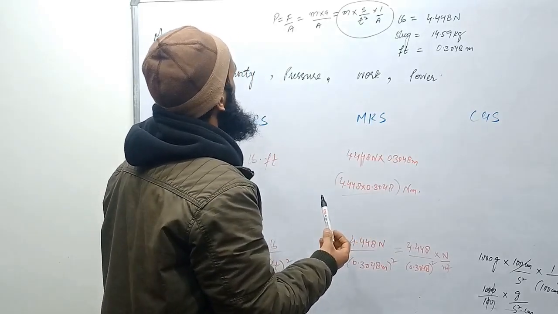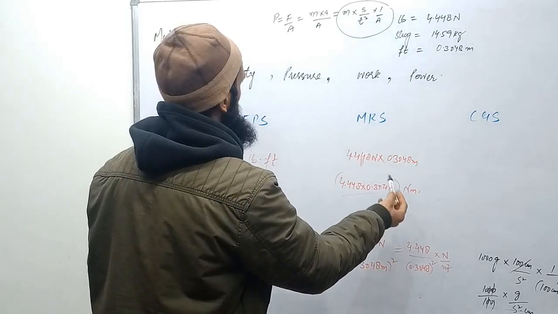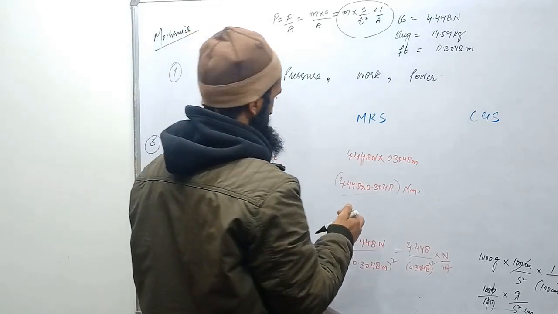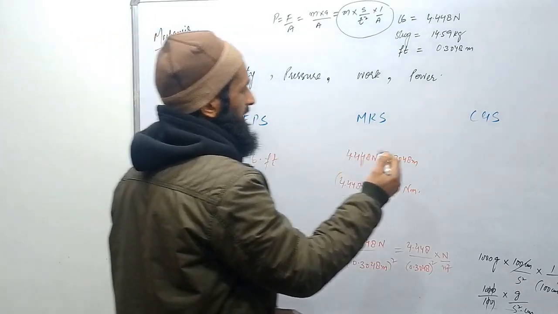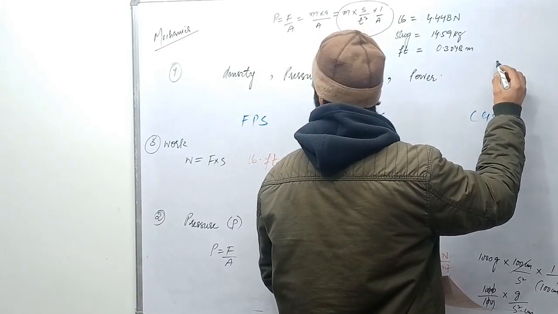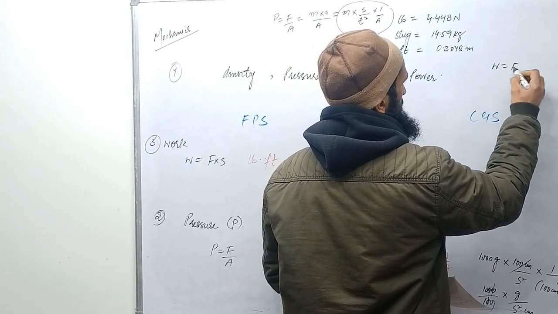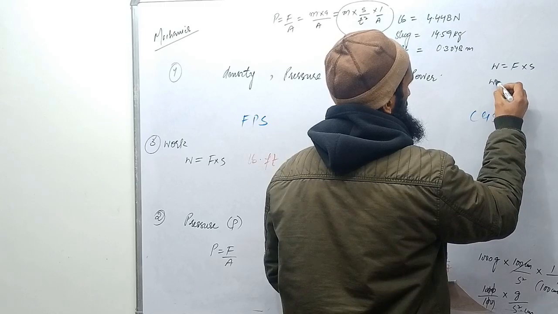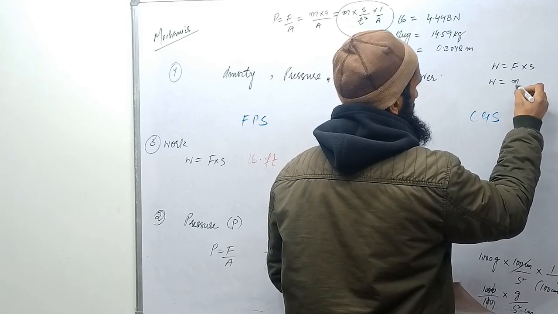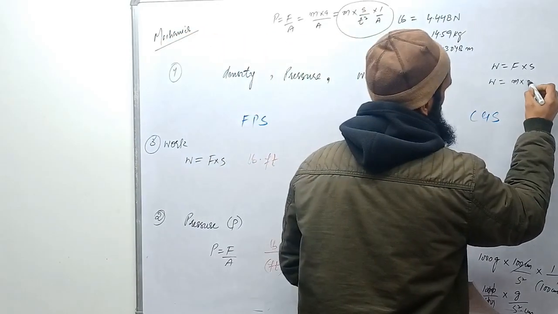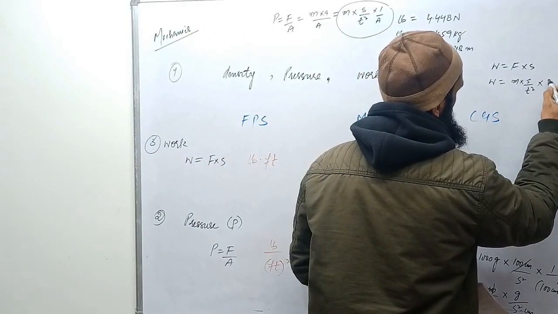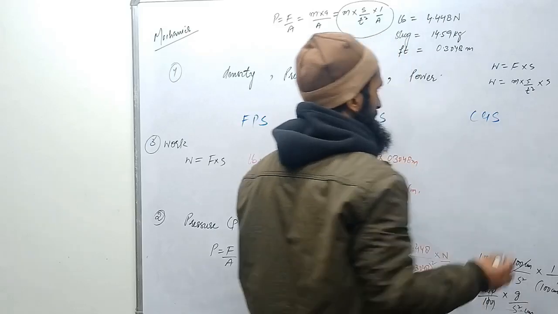Newton means force. So this is force into distance. In CGS system, work is equal to force into distance. The work is equal to mass into acceleration, and acceleration we know is distance upon time square, multiplied by this distance.